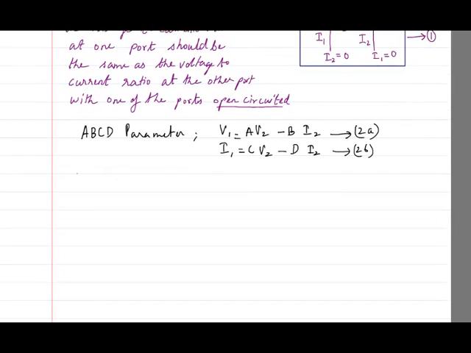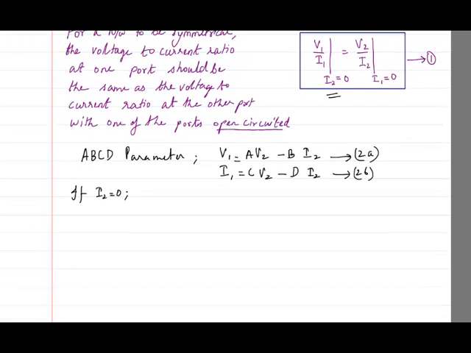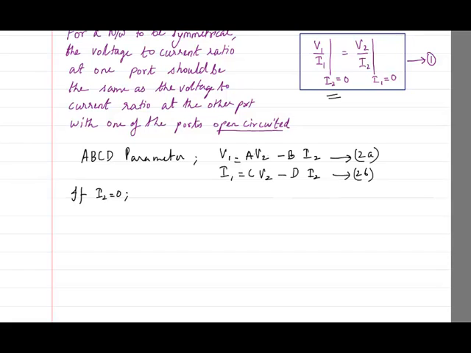Now, if I2 is equal to 0, why am I writing I2 is equal to 0? Because in the left hand side I have to make I2 equal to 0 and find V1 by I1. So if I make I2 equal to 0, equation 2A becomes V1 is equal to AV2 minus 0.